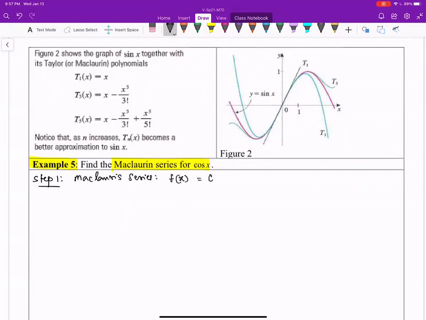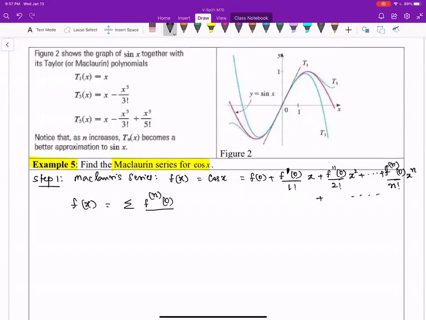So f of x equal to cosine x equal to expanded version is f at 0, f prime 0 over factorial 1 x, f double prime 0 over factorial 2 x square, nth derivative at 0 over factorial n x to the power n, etc. If you write the same thing in sigma notation, it would be sigma nth derivative at 0 over factorial n x to the power n, n varying from 0 to infinity.